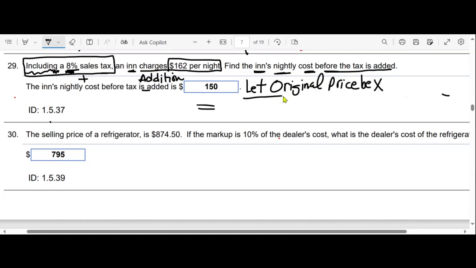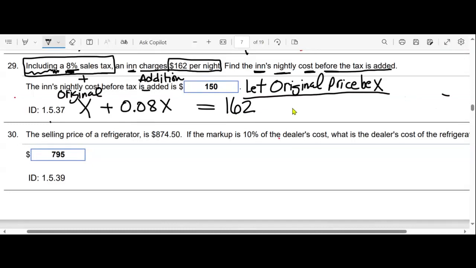So let X be the original price. This is the original. What do I have to add to it? I have to add how much taxes? 0.08. And how much total you paid? 162.